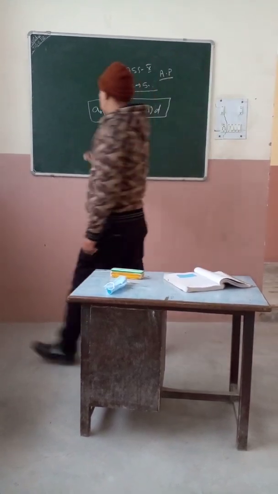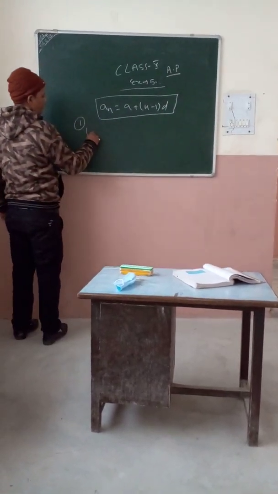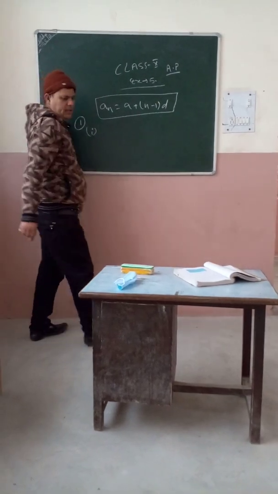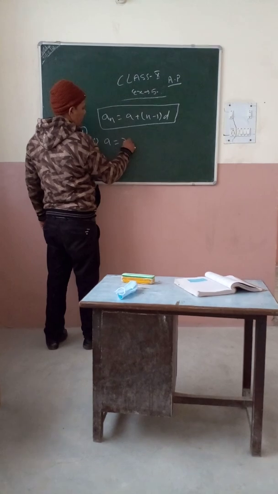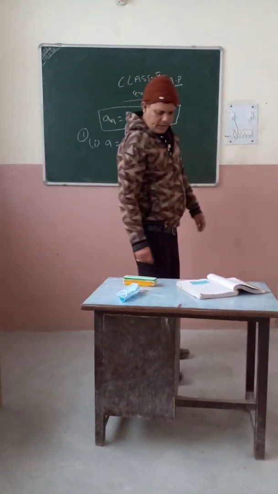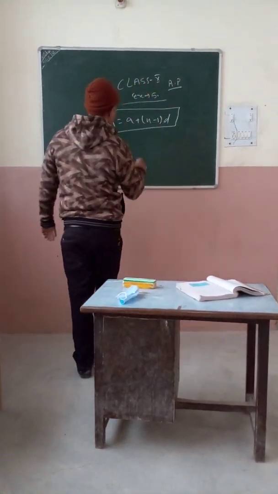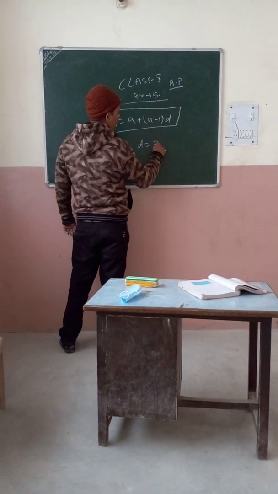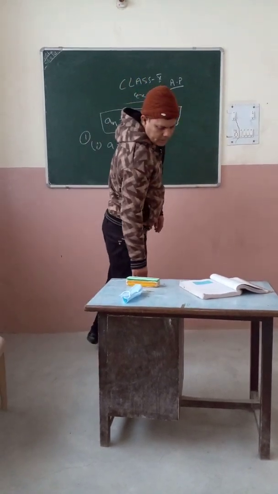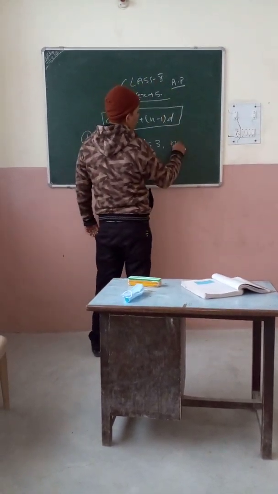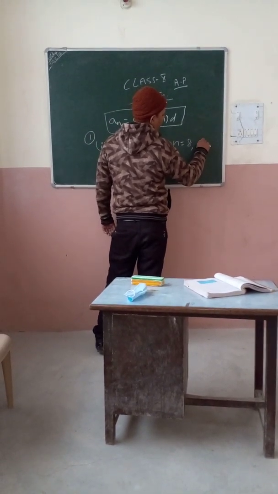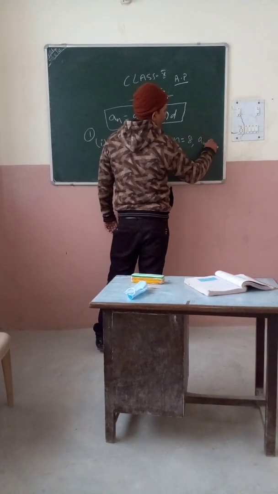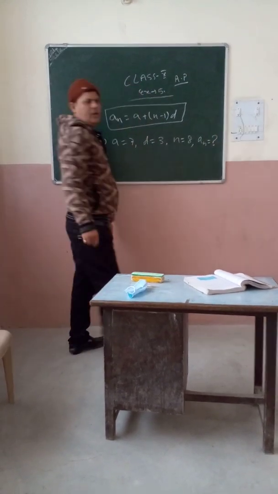Think about question number 1. What is given? Given A equal to 7, D equal to 3, n equal to 8, and we have to find an.